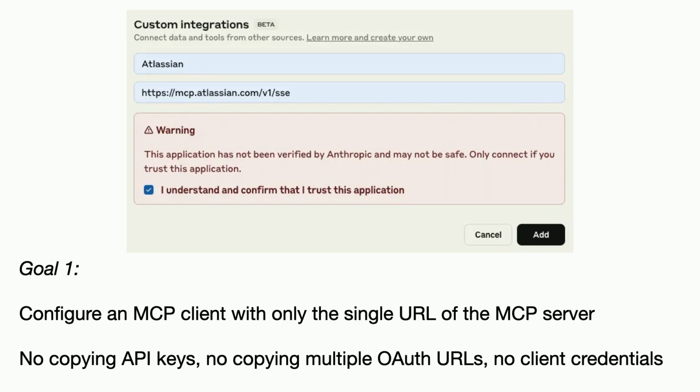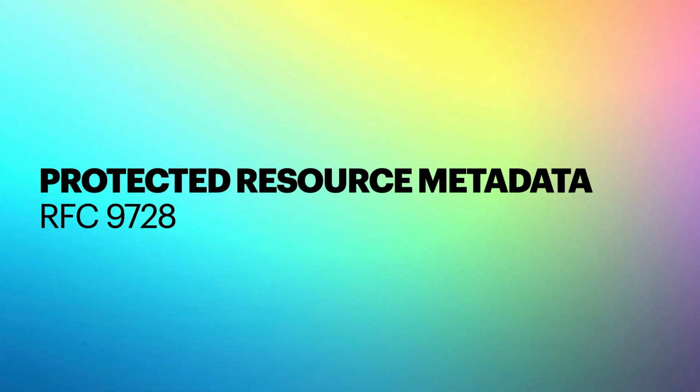You have to get a client ID, client secret, and maybe other things as well. So the idea is, can we make it so that you can configure the client by dropping in a single URL? And up until very recently, there were no available standards for that, but thankfully there is now.